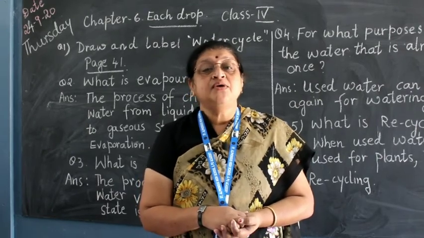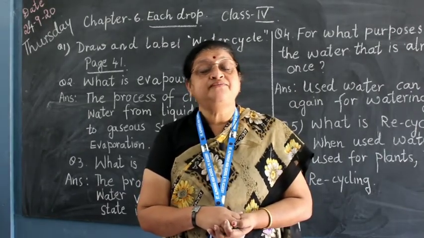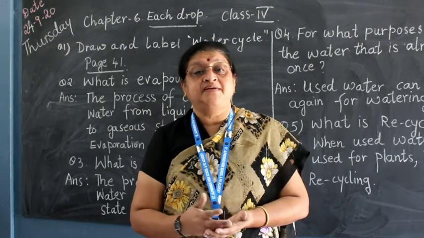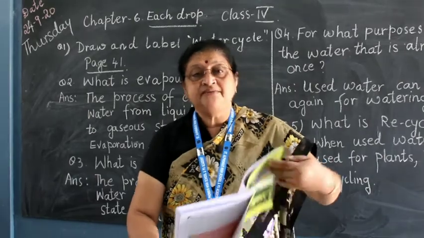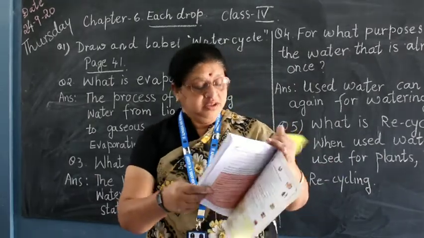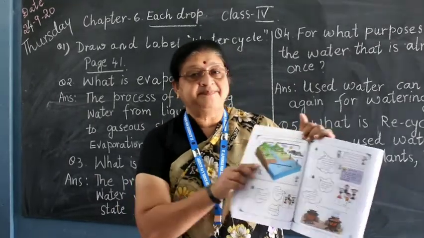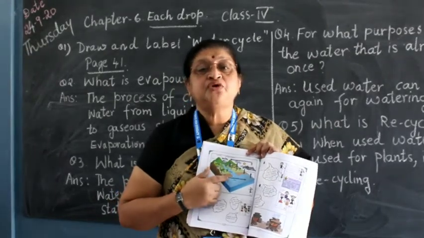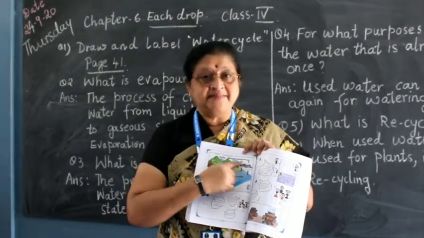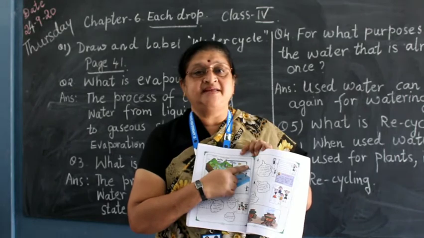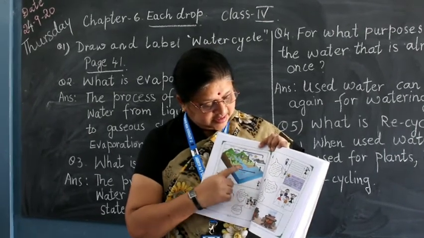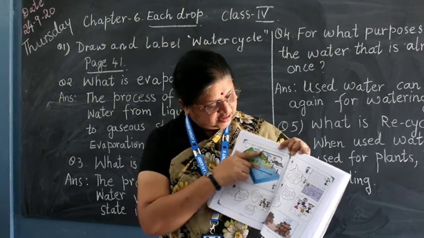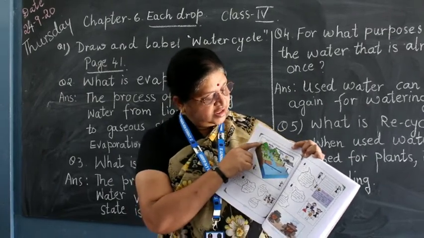So you have to use water in many ways. Now in your textbook, I have given you a drawing to draw. On page 41, you have to draw this, and there are labels given on top: sunlight, evaporation, this is the river, then condensation, and then clouds and rain.